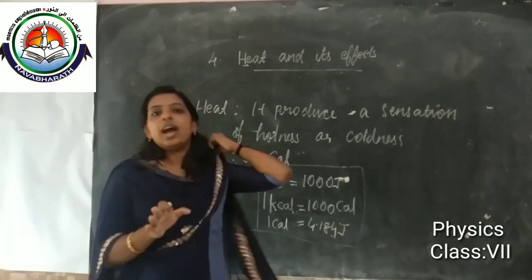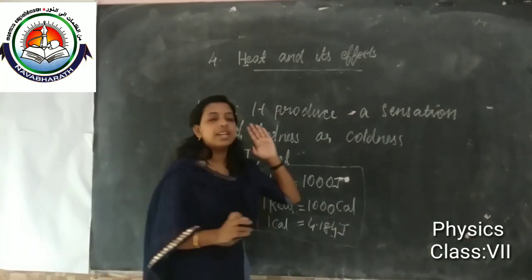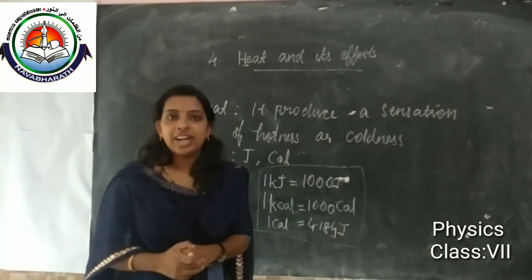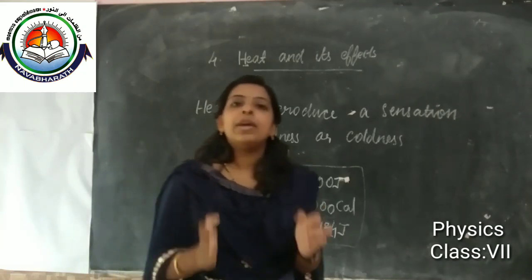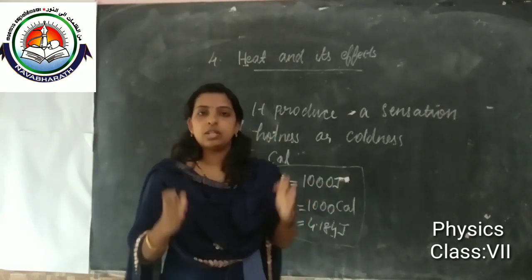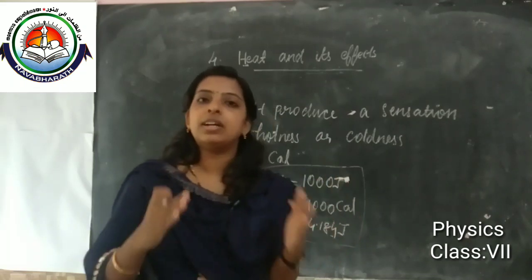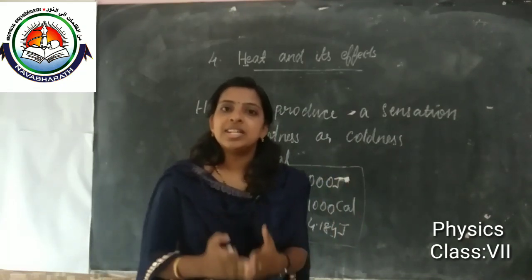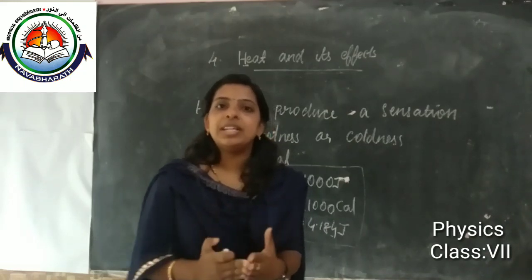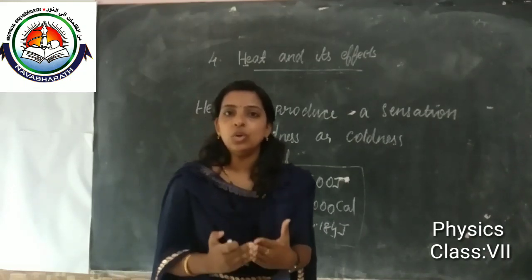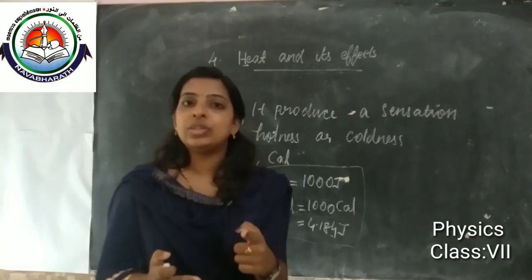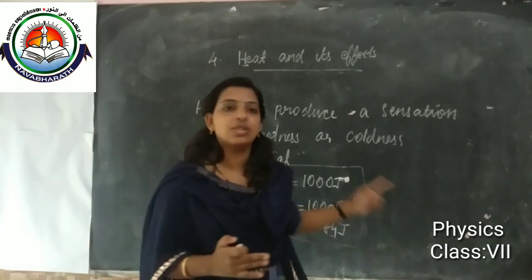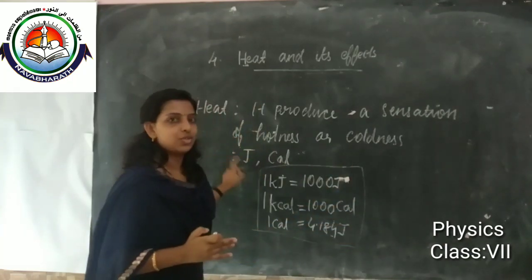And already I told you that heat is a form of energy, right? So maybe in your small classes or previous years, you learnt about energy. What is energy? Energy is the ability or capacity to do work. And we know that the unit of energy is also what? Joule.